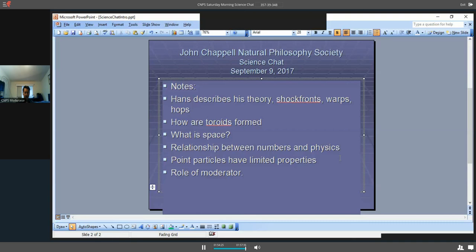It's like we know exactly how these things work, but we don't know why they work. We can describe them empirically with formulas and predict the results of our experiments, but still not have any idea of, for example, where the electron comes from. And so Hans's theory, I believe, does explain where those electrons come from, and we heard some interesting things about how the electron would disappear if it wasn't continuously resupplied.